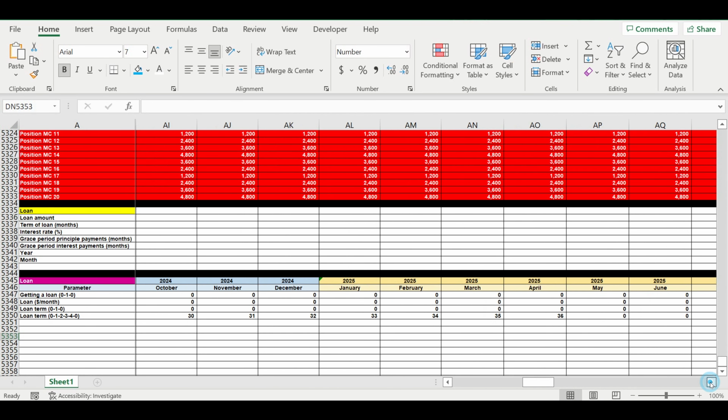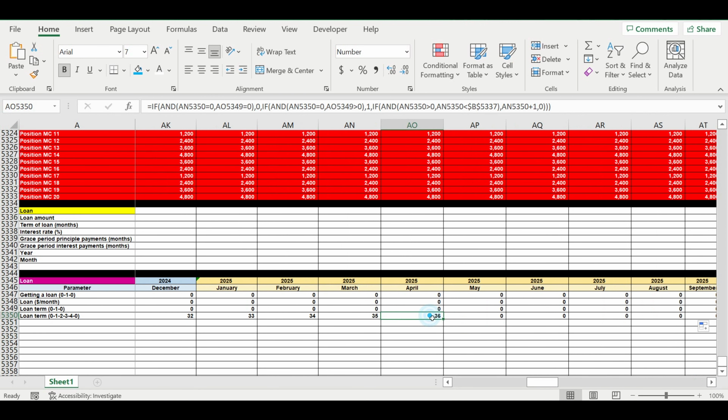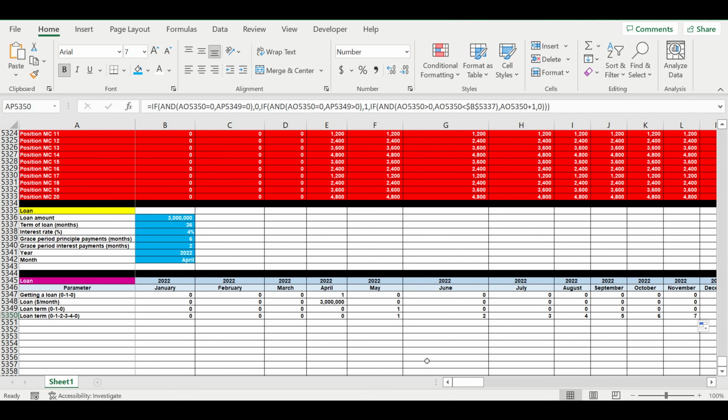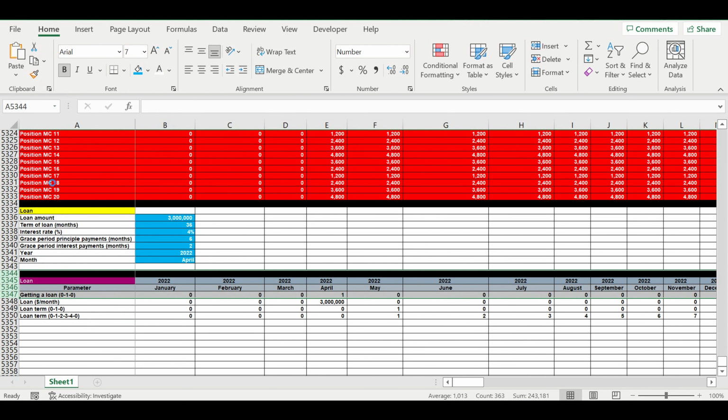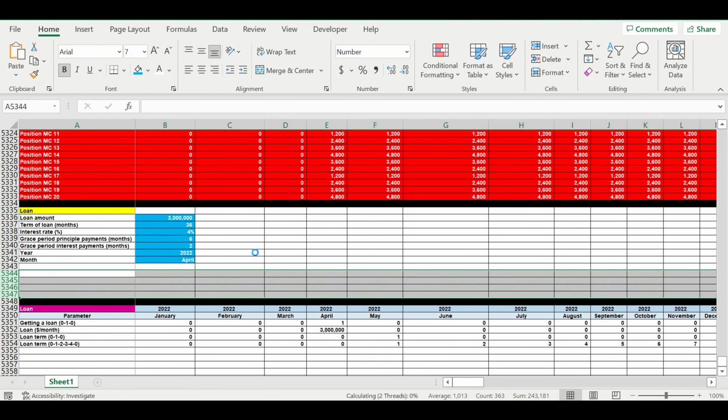So here we have 36 months of the term of the loan, then the loan ends, and now we have to calculate, insert how many months paying principal.